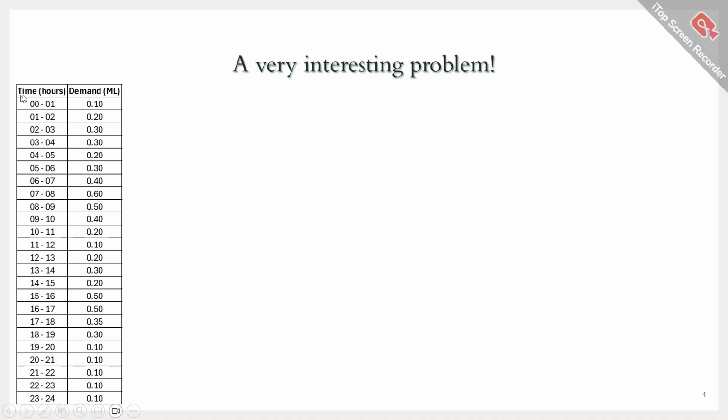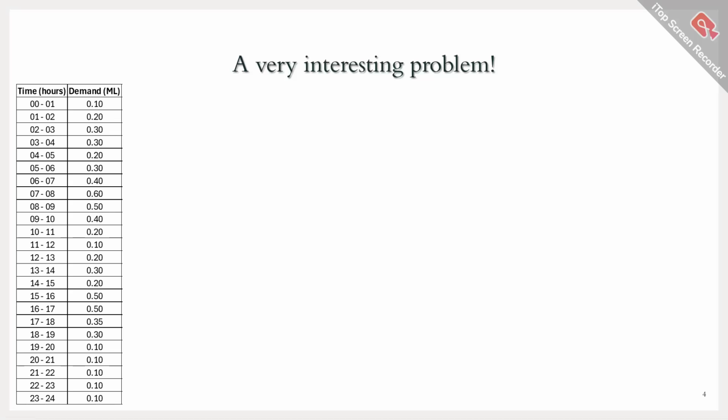So in the left hand column, there are 24 hours. So the data of every hour is covered. And in the right hand column, the demand is given for that particular hour. Okay. And the unit of demand is ML. It is not small ml, it is capital ML. That means megaliters or million liters.